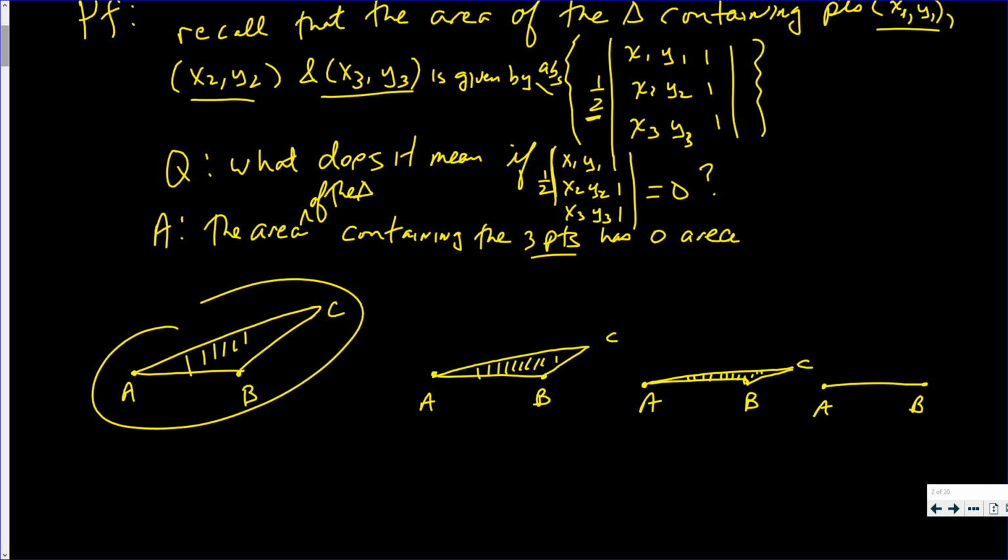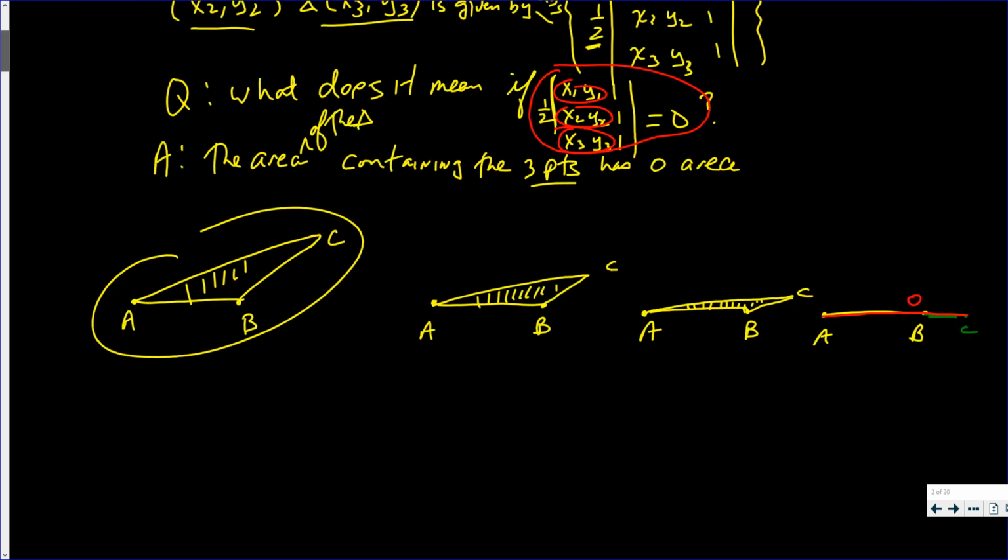Now, if I put C right there, the third side is going to be right on top of it. That has area 0. So, what does it mean for this area to be 0? It means that these 3 points are collinear.